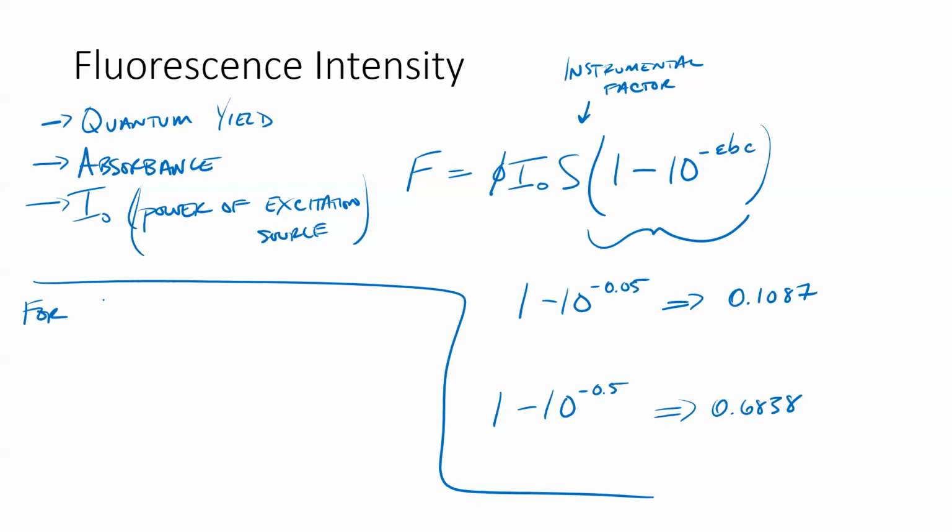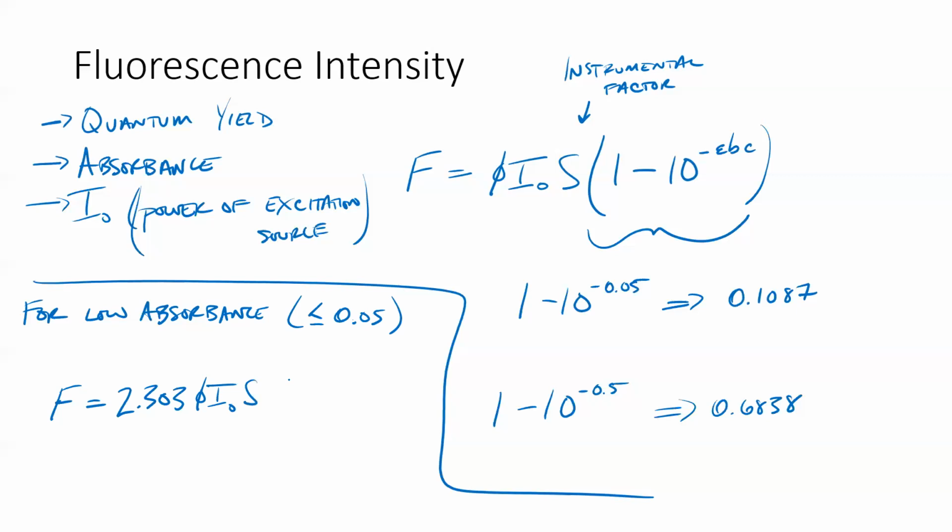And so if we have relatively low absorbances, this 0.05 that I mentioned earlier, then we can sort of turn this into a constant or a series of constants, and we get F is 2.303 times phi I S epsilon b c.